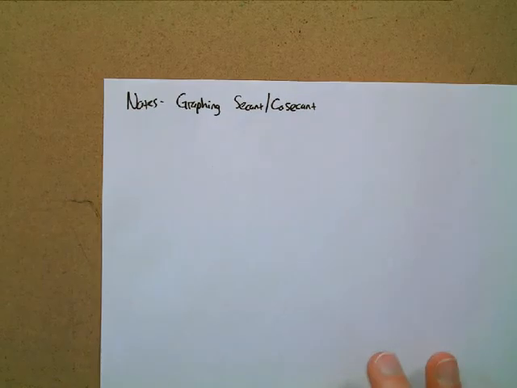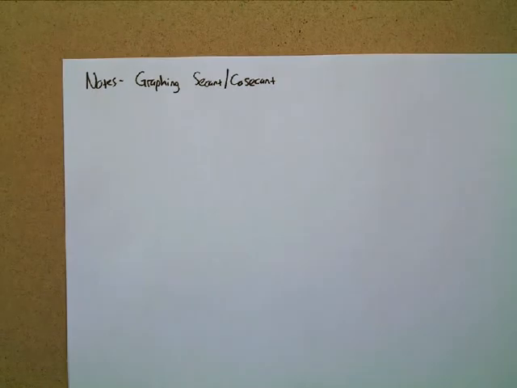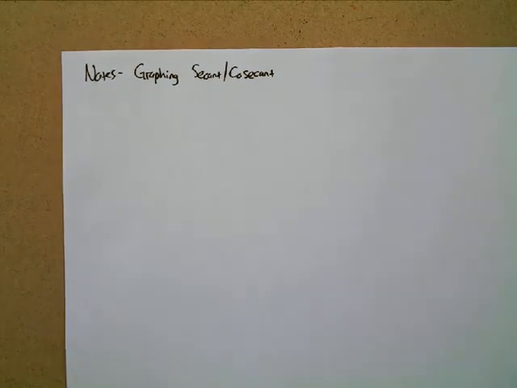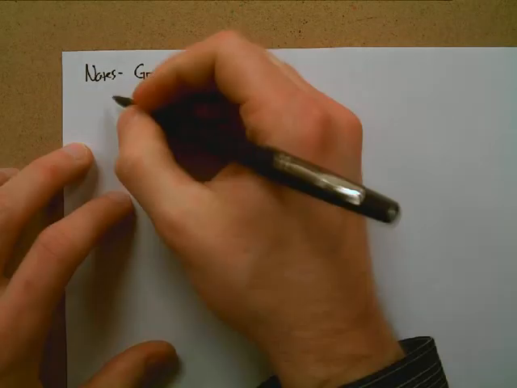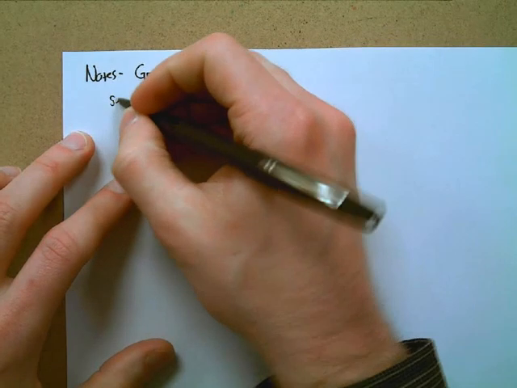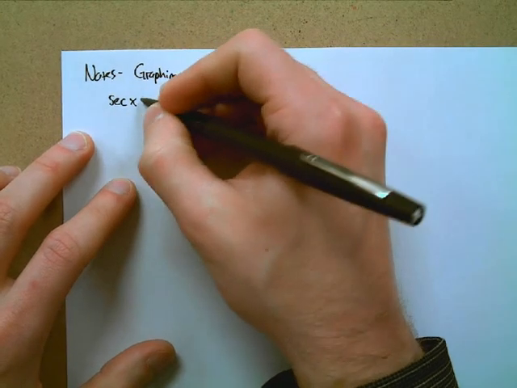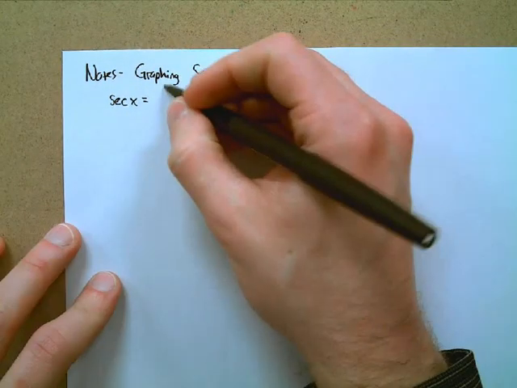There we go. Okay, so we're going to be graphing secant and cosecant today. To think about secant and cosecant, it is super important to remember that the secant of x is equal to 1 over what?